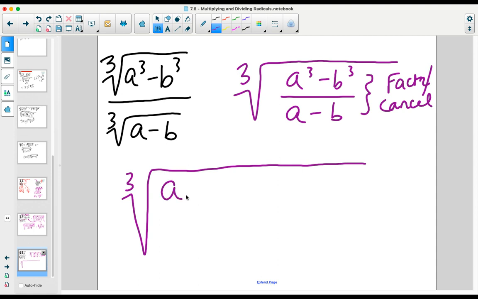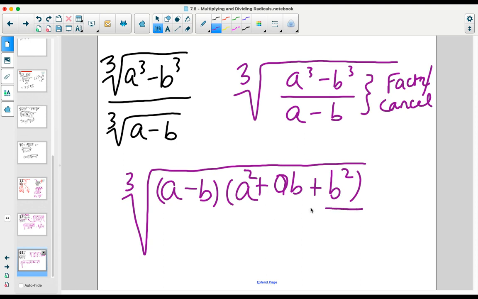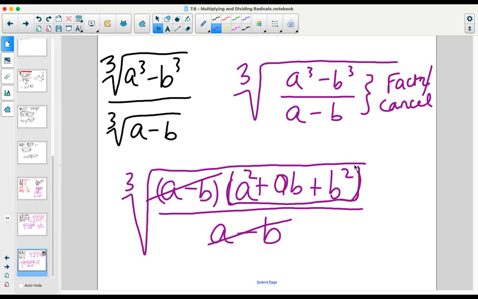We remember our process for factoring the difference of two cubes. Oops, I forgot a square. Knowing that we're probably going to want to simplify with what's in the denominator, the a minus b's are going to go away, leaving us with the cube root of a squared plus ab plus b squared as our simplified form.